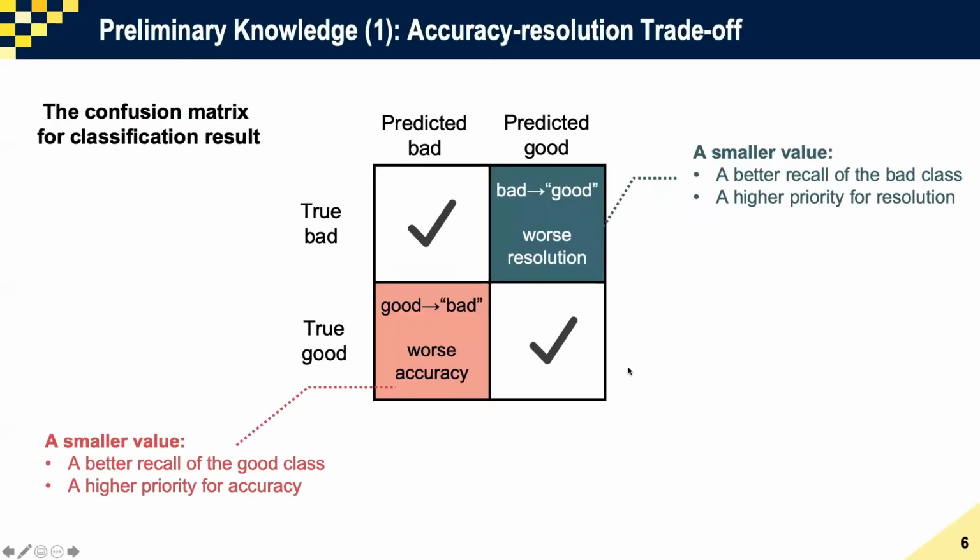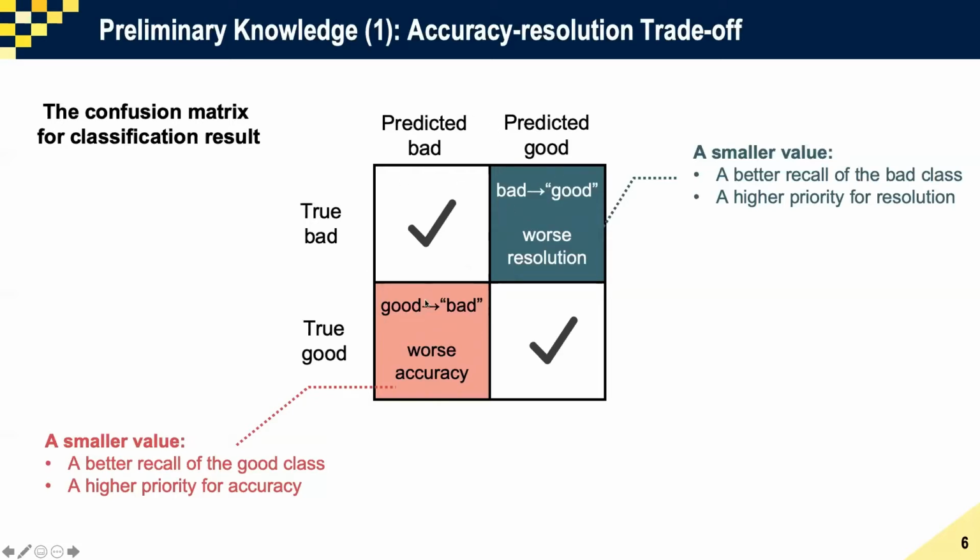So before introducing LAIDAR, I'd like to first briefly introduce some preliminary information. We usually use a confusion matrix to describe the performance of a good-bad candidate classifier, where each entry represents the number of samples with a true label and a predicted label.